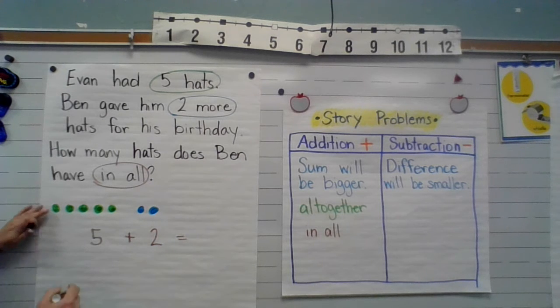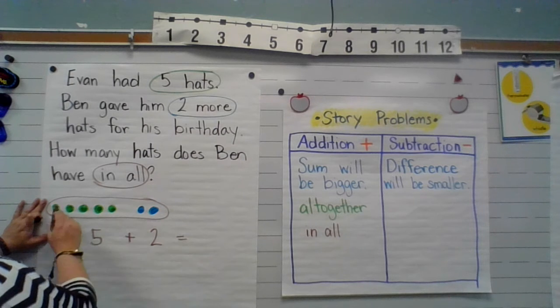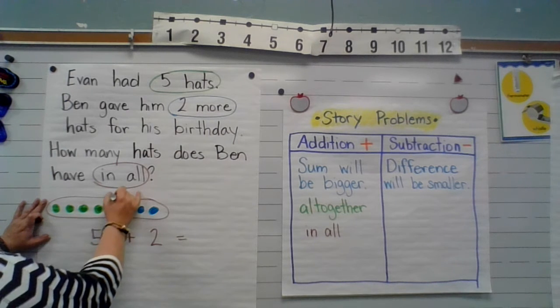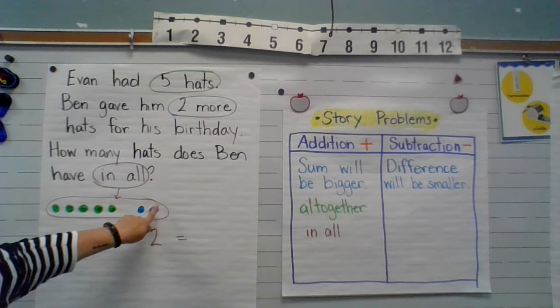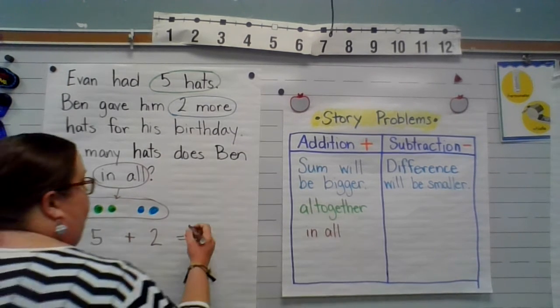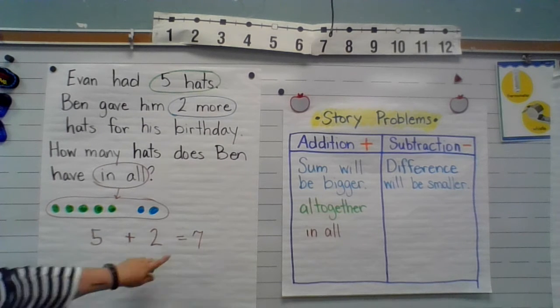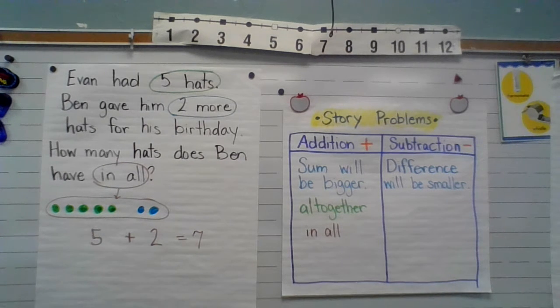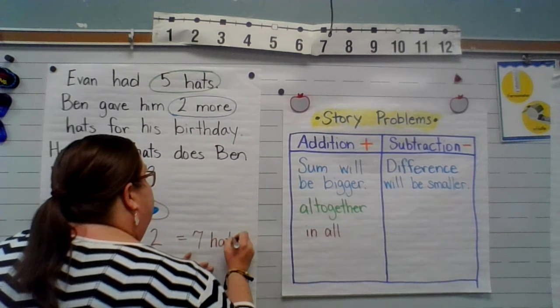And to figure out that answer, we're going to count all of these because that's why we know we need to add, because it says in all. 1, 2, 3, 4, 5, 6, 7. So the answer is 7. Then we need to put a label or a unit on it. 7 what? 7 hats.